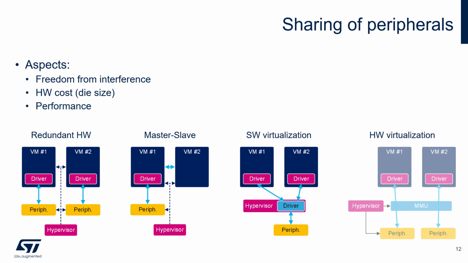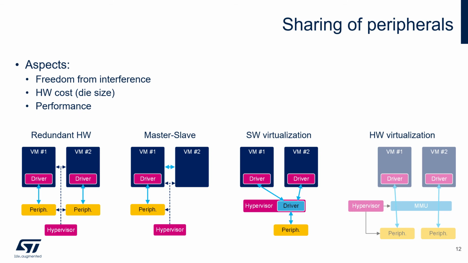Coming to the sharing of peripherals, there are different strategies for how to manage peripherals with multiple virtual machines. It depends on several factors: the design of the peripheral itself, and then for sure on the integration inside the system. Because, for example, just with a memory map, you can achieve a lot of things, to be honest.